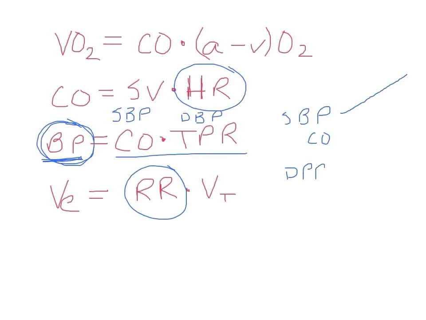Diastolic blood pressure stays the same. Now, if you think about this, diastolic blood pressure is staying the same despite the fact that we've pumped much more blood, up to 4 times more blood, into the arteries during exercise than at rest. And despite that, the diastolic blood pressure stays the same. And the reason it can do that is because of a decrease in total peripheral resistance. And that decrease in total peripheral resistance is really a function of vasodilation.